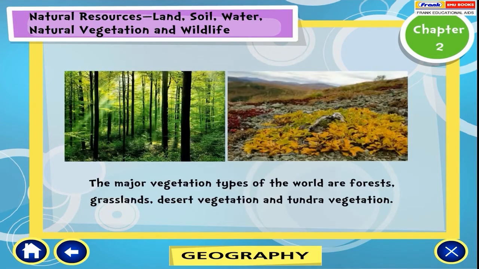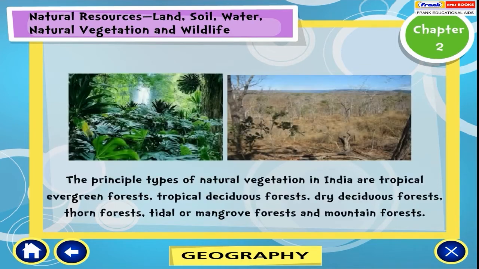The major vegetation types of the world are forests, grasslands, desert vegetation, and tundra vegetation. The principal types of natural vegetation in India are tropical evergreen forests, tropical deciduous forests, dry deciduous forests, thorn forests, tidal or mangrove forests, and mountain forests.